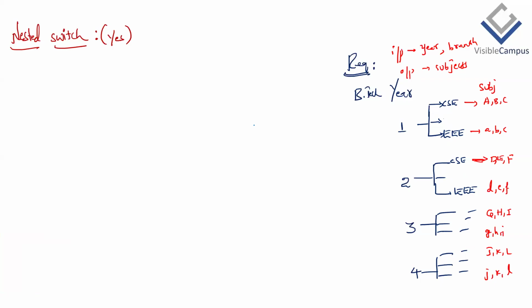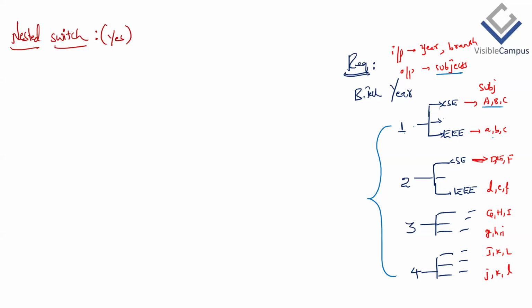First, can we write one switch for years? If year is 1, execute the first case. If year is 2, execute the second case. 3, execute the third case. Then 4, the fourth case. Some other number, then the default case. Then if it is the first case, then again with the help of branch: if it is CSE, execute the first case.